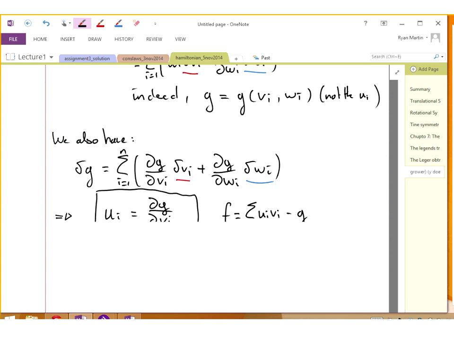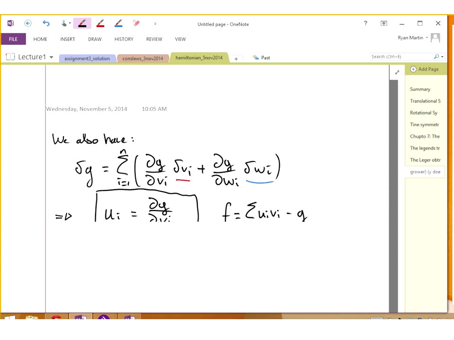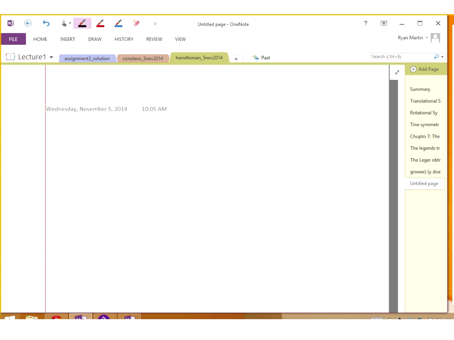So let's do it one more time now, but instead of using G and F, we'll use L and H. So let's do the Legendre transform of the Lagrangian.